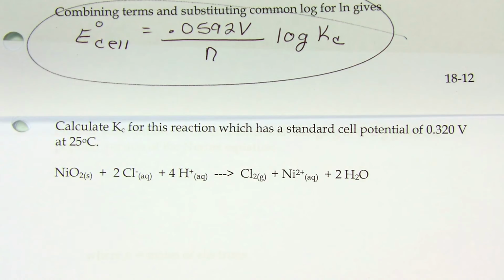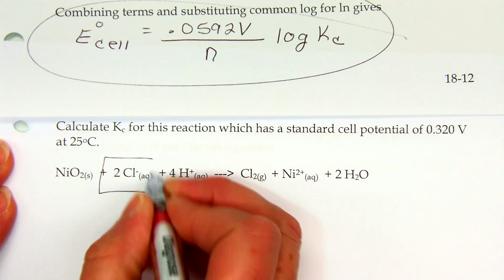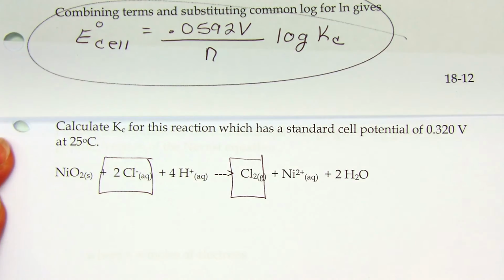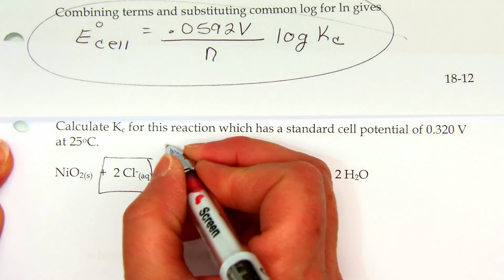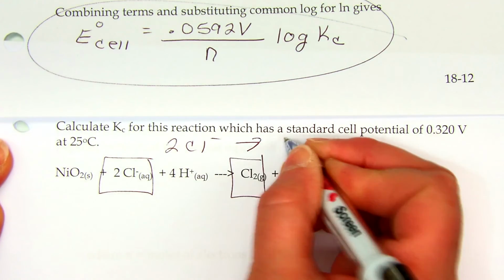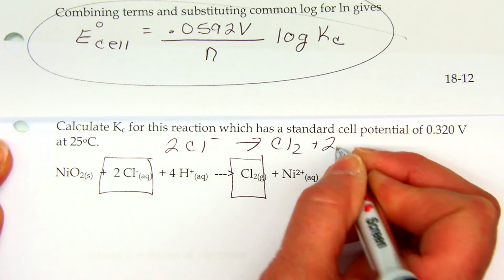Calculate K sub C for this reaction that has a standard cell potential of 0.320 volts at 25 degrees Celsius. Well, if we look at this, we have to first figure out how many moles of electrons there are. And again, I can look at this and say, well, the chlorine half reaction is easy to pull out. 2 chlorides yields chlorine plus 2 electrons.